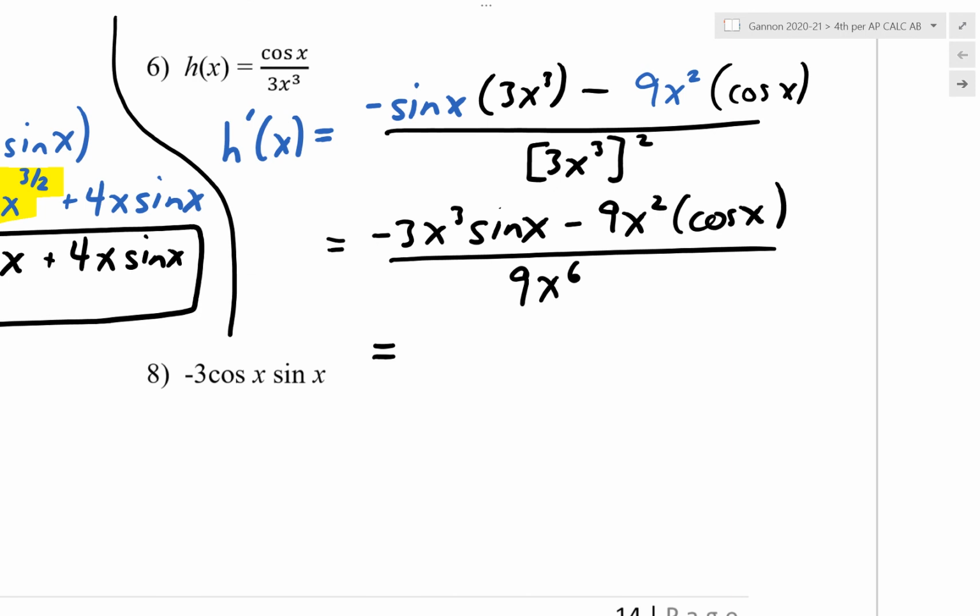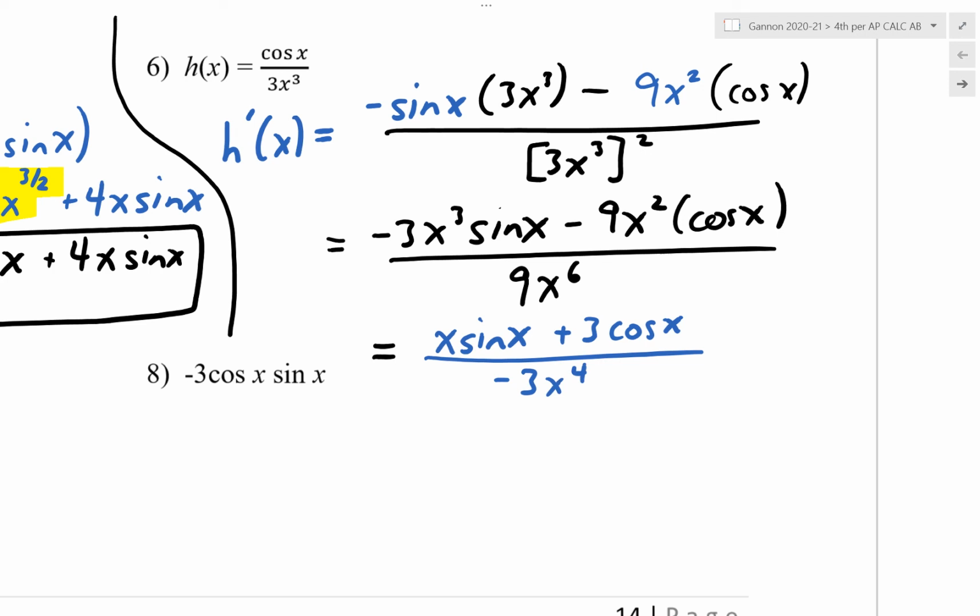So that's going to give me x sine of x when I take out the negative 3x squared, plus 3 cosine of x, over, and if I took out the negative, I would do negative 3x to the 4th.